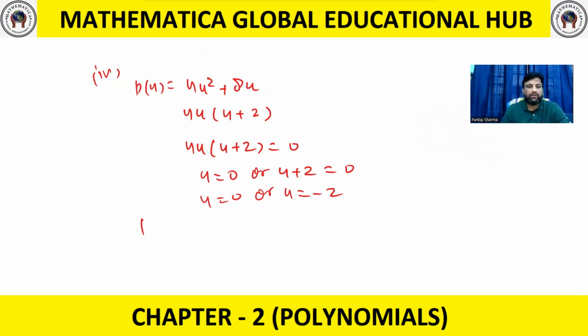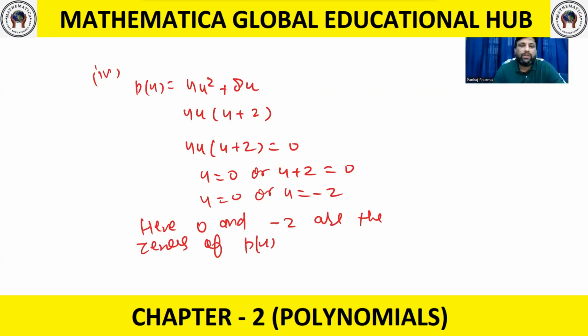So 0 and −2 are the zeros of p(u). Now if you observe, a, the coefficient of u², is 4 and b is 8. The constant term is 0. So we can verify the relationship.